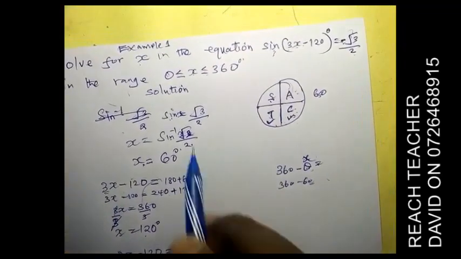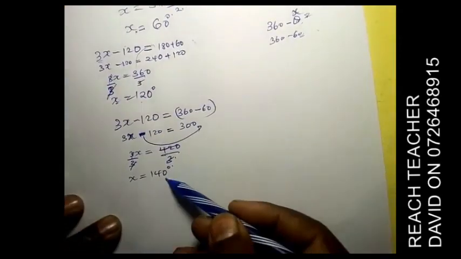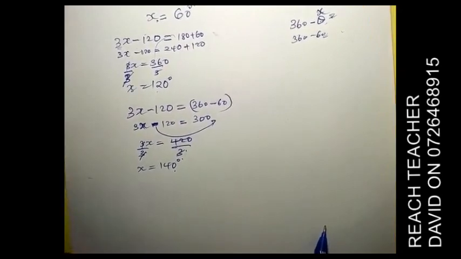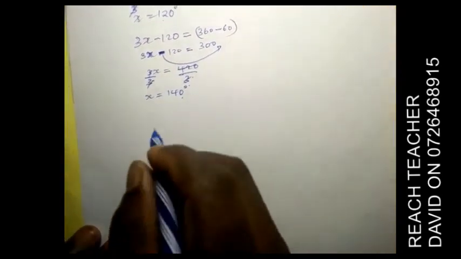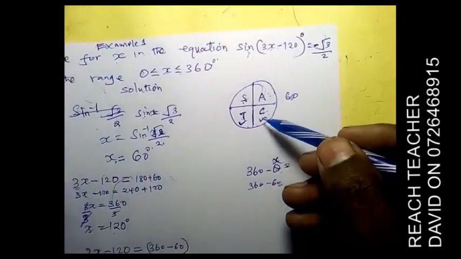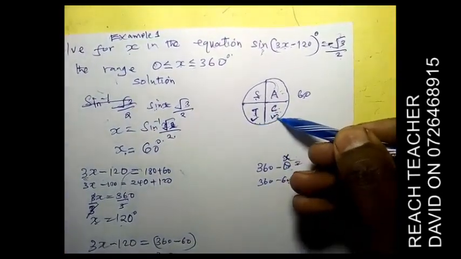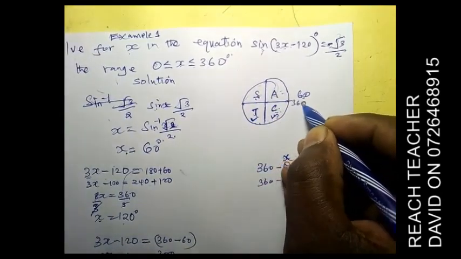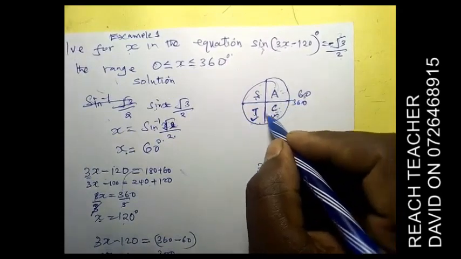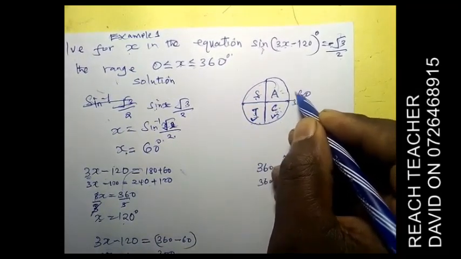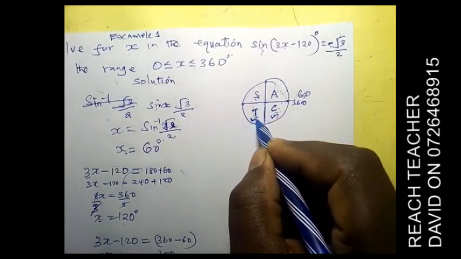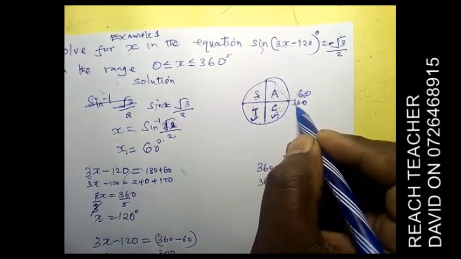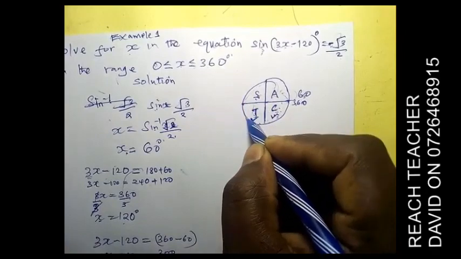Remember, our range is between 0 and 360, and yet we are at 140. So you continue doing the same until you have values that are less than 360. We have done this and this. The next one means that we have gone one round up to 360, so we start afresh. Once we have reached here, we have 360 plus 240, that is 360 plus 180 plus 60.